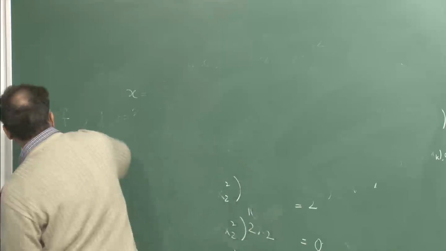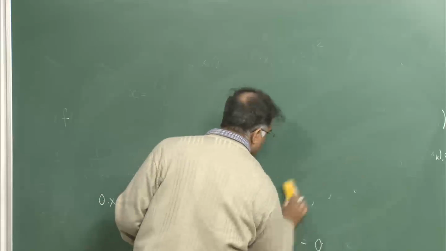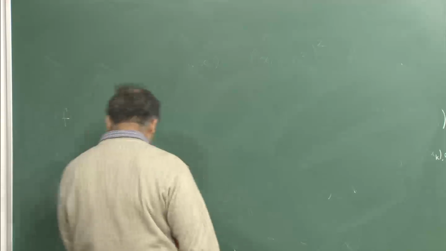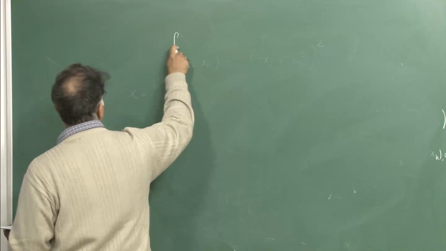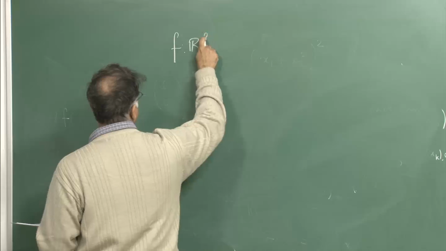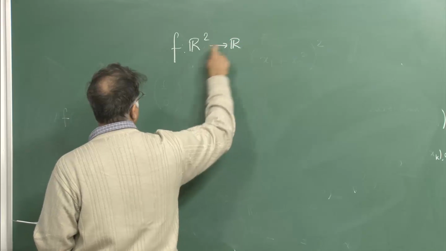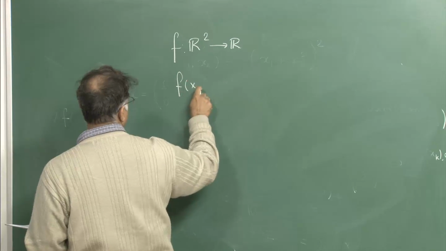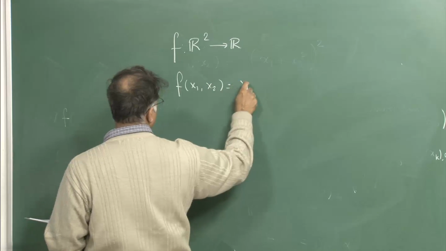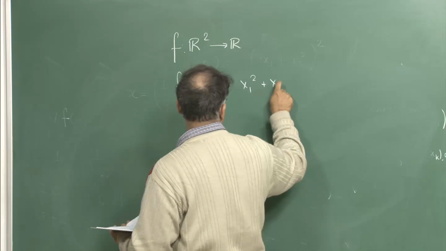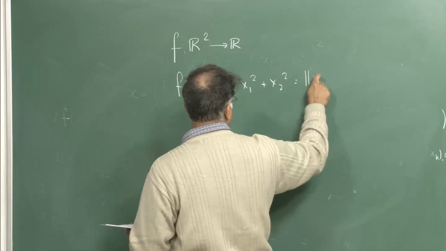Now what I want to ask you is the following. Take the function f(x) equal to norm of x squared, where x is in R2. So f is a function from R2 to R, and my f(x1, x2) is equal to x1 squared plus x2 squared, which is norm x squared.